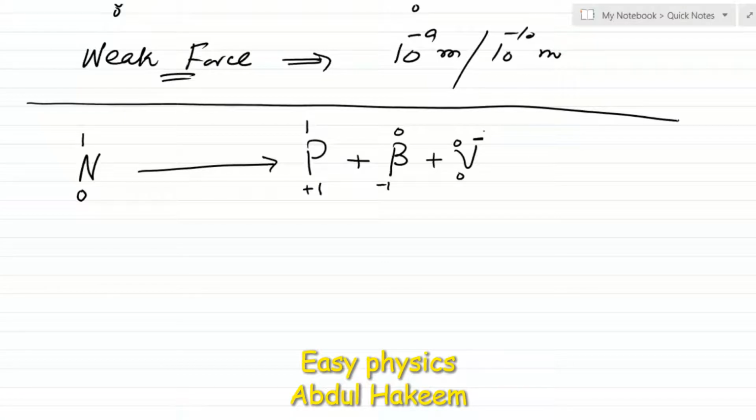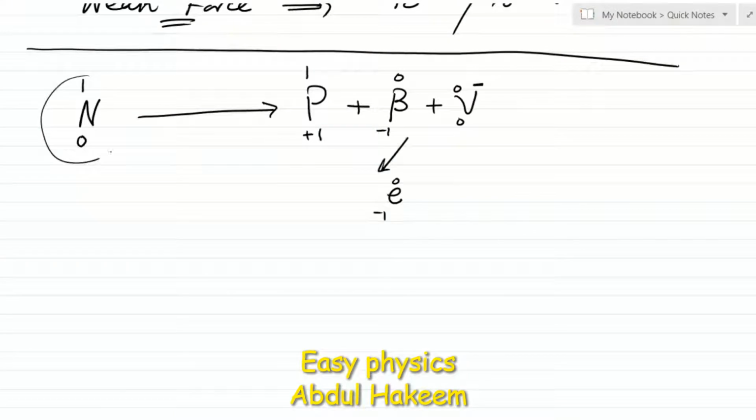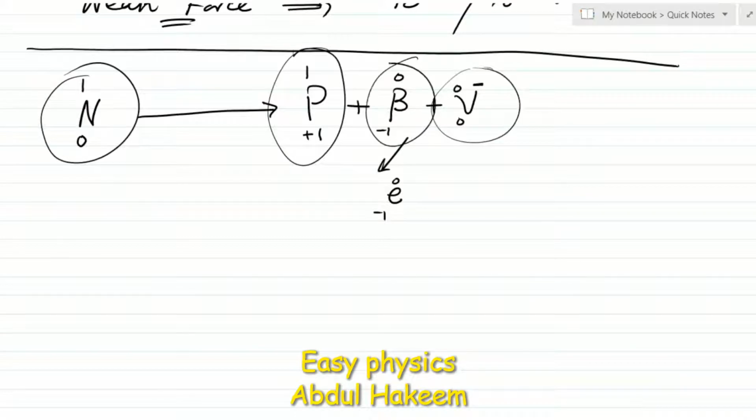So we have to remember this reaction. Neutron is converted into proton, beta particle is emitted, antineutrino is emitted. Instead of this beta, you can also write electron. So neutron and proton are hadrons, but these two particles are leptons.